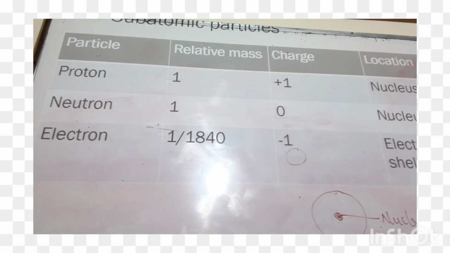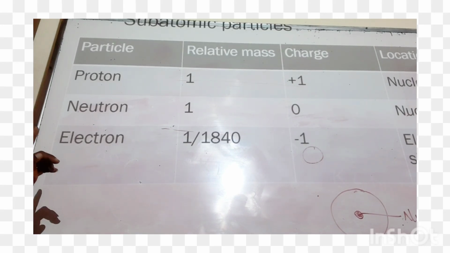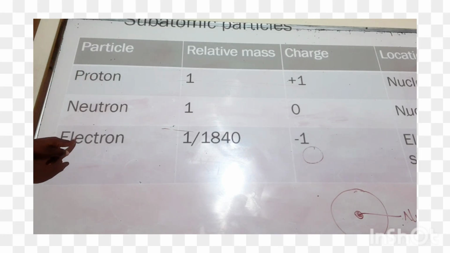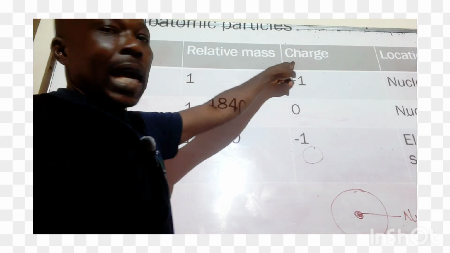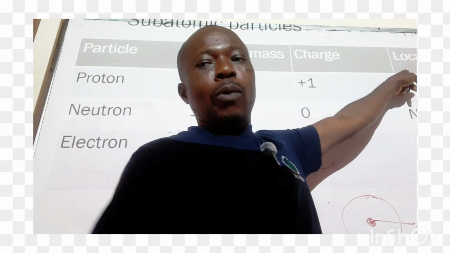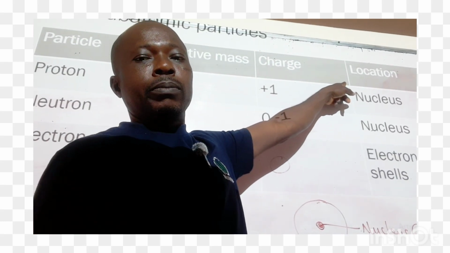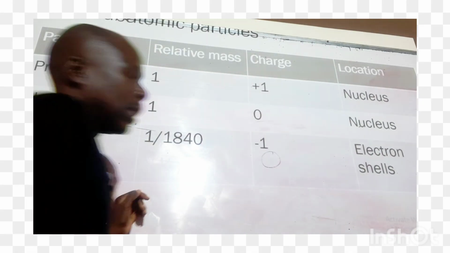Sorry if you cannot see this well, I'm trying to adjust my camera. We have protons, neutrons, and electrons, with relative mass, charge, and location. In other words, where can the particle be found within the atom?